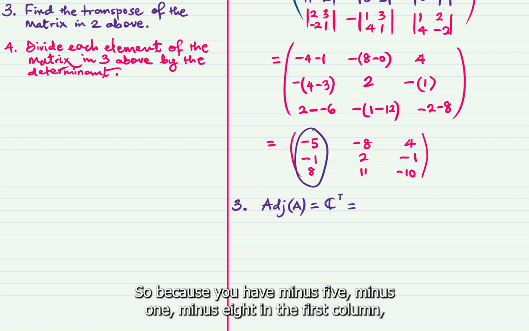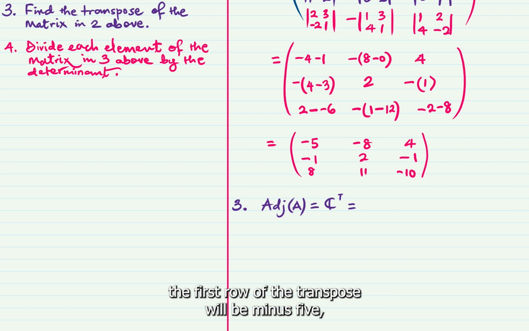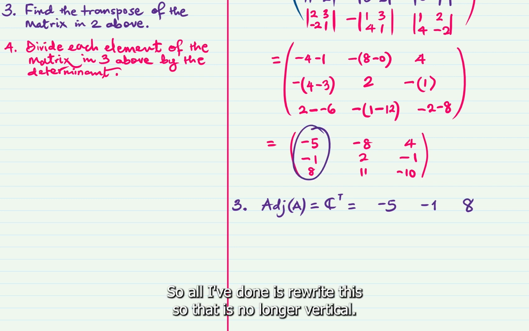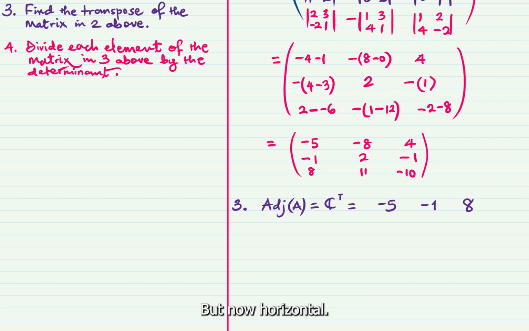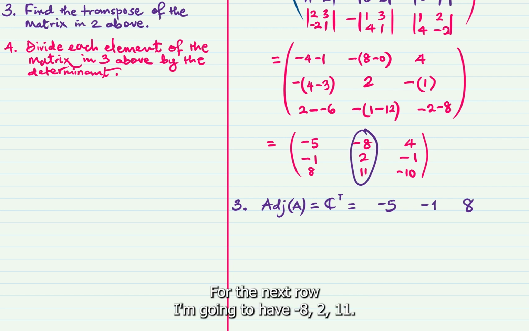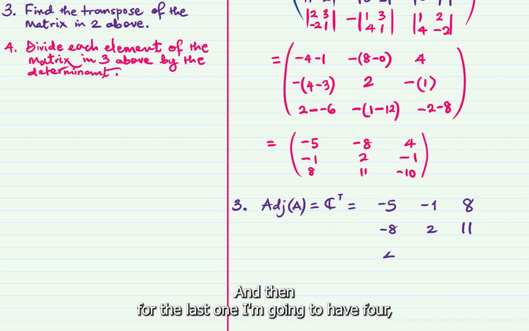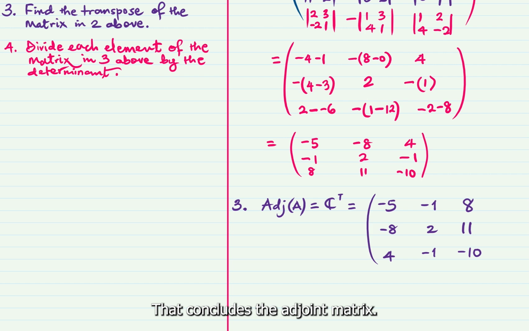So because you have minus 5, minus 1, minus 8 in the first column, the first row of the transpose will be minus 5, minus 1, and 8. So all I've done is to rewrite this so that it's no longer vertical but now horizontal. For the next row, I'm going to have negative 8 to 11. And then for the last one, I'm going to have 4, negative 1, and negative 10. That concludes the adjoint matrix.